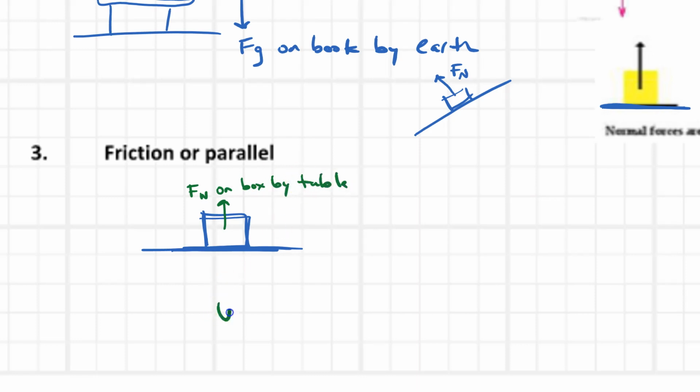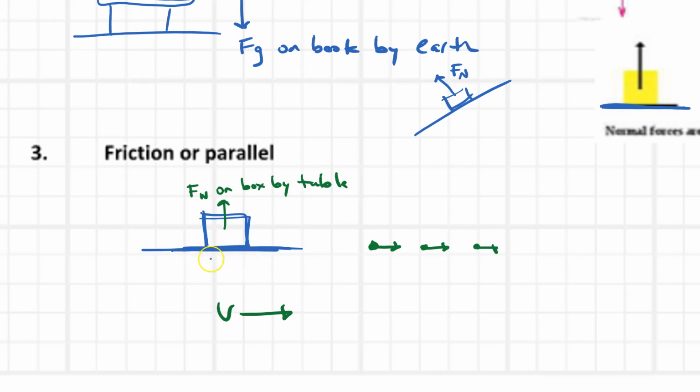But if this box is moving to the right, I'm putting V for velocity, so imagine it's moving to the right. So if we did a diagram, say it's moving this way, say there's our motion map, there's going to be some friction on it. There's going to be some friction that's going to be pushing it the other way. It's going to be trying to slow it down.